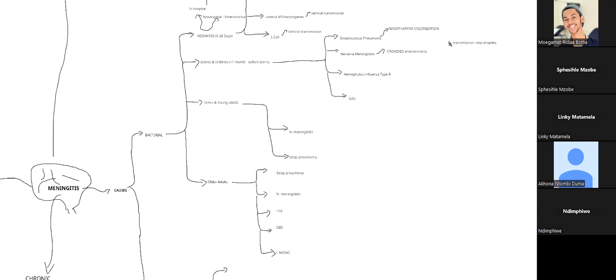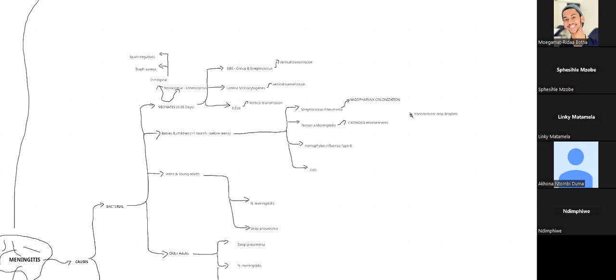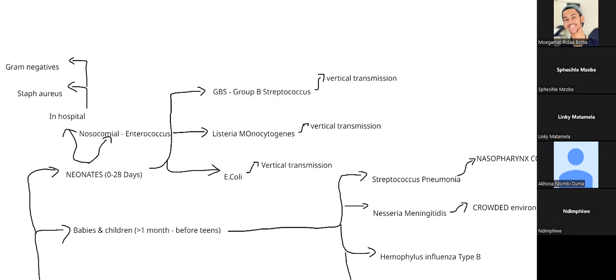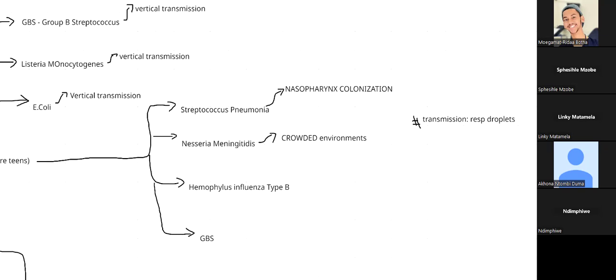Now, in terms of treatment, because they love to ask about treatments for certain pathogens. The first one is Streptococcus pneumoniae. I'm going to use a different color. If the patient is penicillin sensitive, you can give IV penicillin in the form of ampicillin.